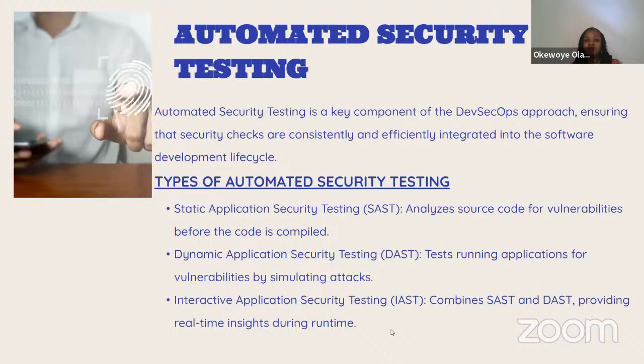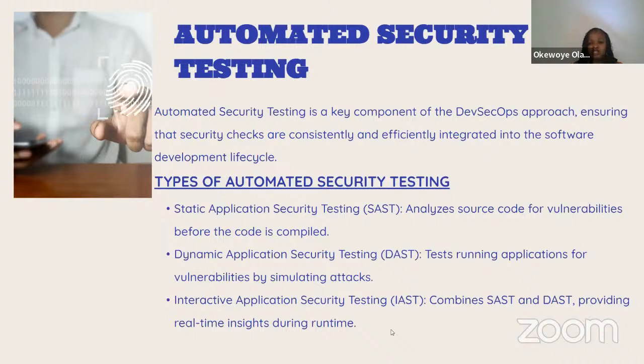So now we have automated security testing. Automated security testing is a component of the DevSecOps approach, ensuring that security checks are constantly and efficiently integrated into the software development cycle.